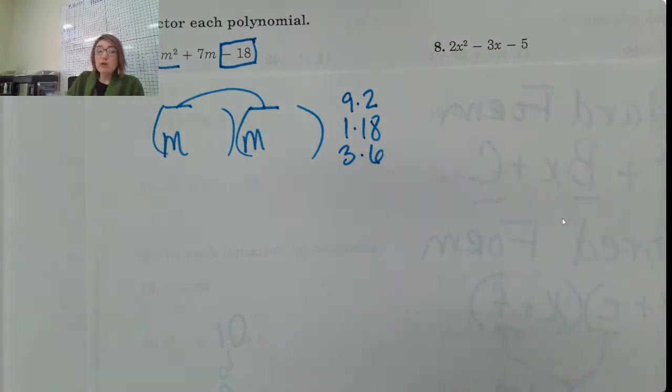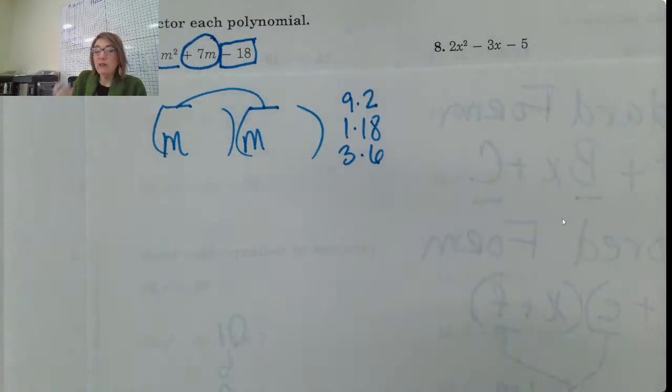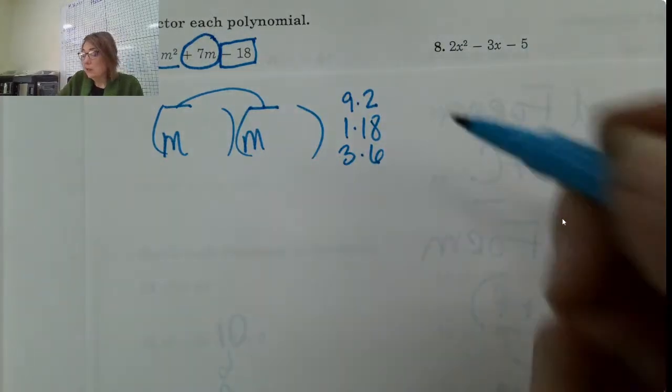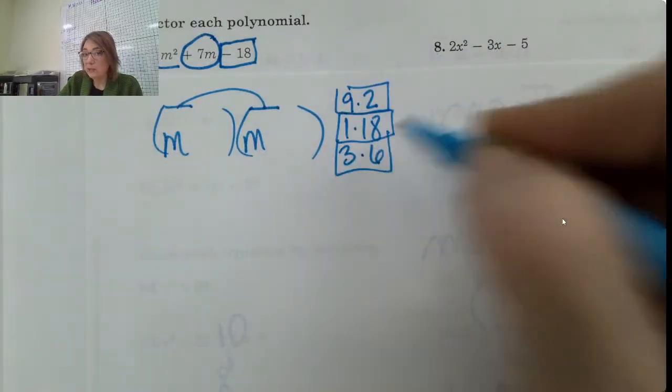Now, you do not have to list all the factors. You don't have to do that. Deonte knew as soon as she said 9 and 2 that was going to be the answer. How'd she know that? Where did she come up with this 9 and 2 at? And how did she know for certain that was what it was going to be? Well, she looked at what was going on in the middle. And what's going on in the middle comes from these being combined with each other in some way.